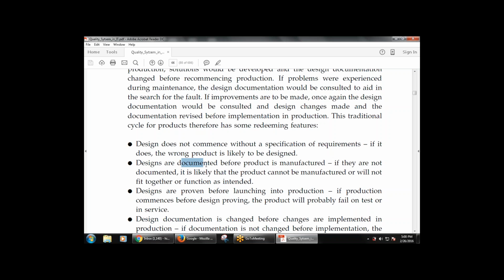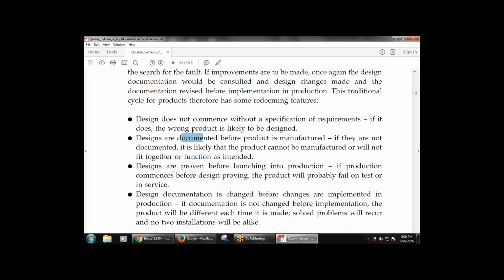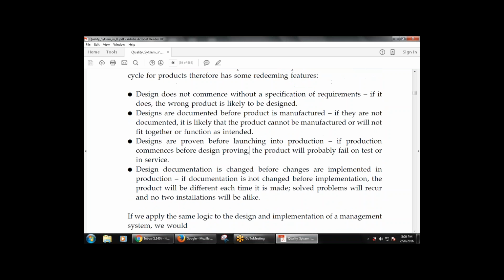Then designs are proven, that is, checked, before launching into production. Then design documentation is changed before changes are implemented in the production.